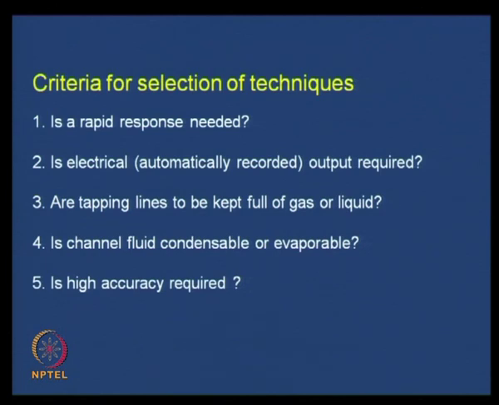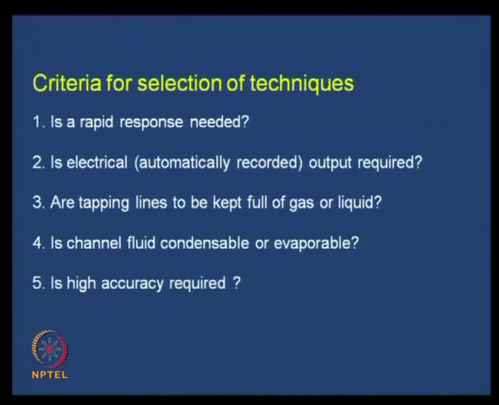We cannot even go for differential pressure transducers, they are also not accurate. The only option we have is that locally mounted pressure transducers, that is mandatory. Okay. And among these locally mounted pressure transducers also we have to see that depending upon the response time and the temperature, what is the type of transducer that we will select.